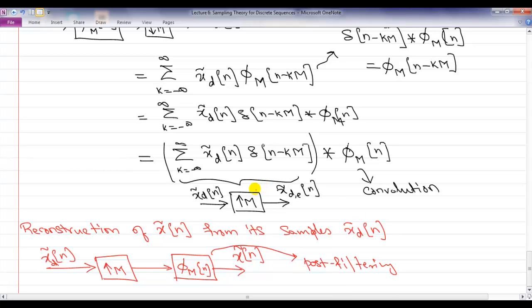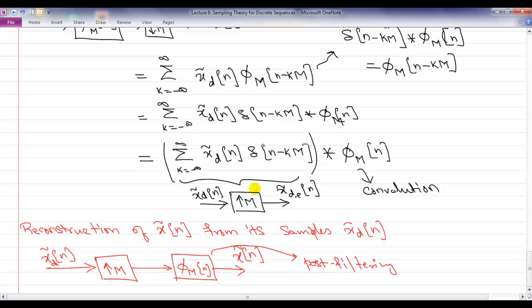So effectively, as long as you have a subspace model for your discrete sequences, the way to sample, or you can call it subsample or downsample, discrete sequences is exactly the same as in the continuous world. You only have to replace some operations with their right counterparts in the discrete world.